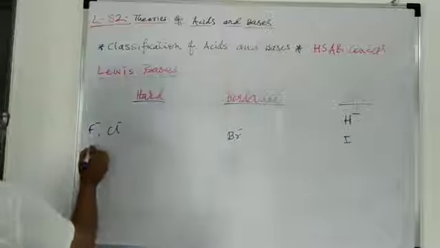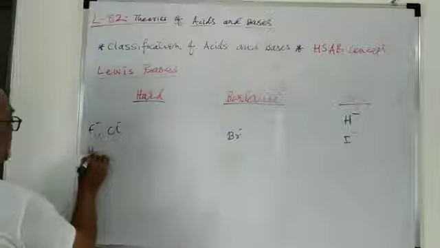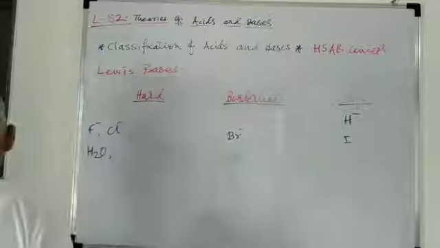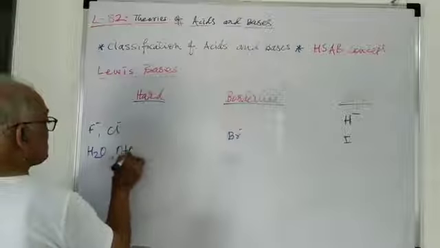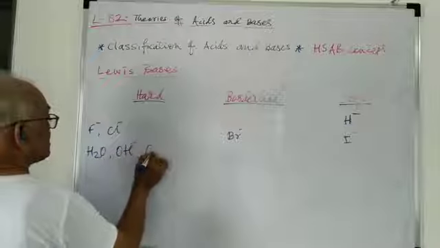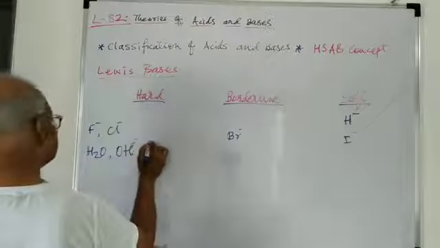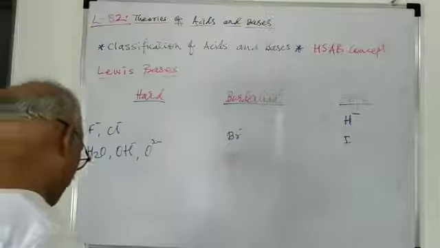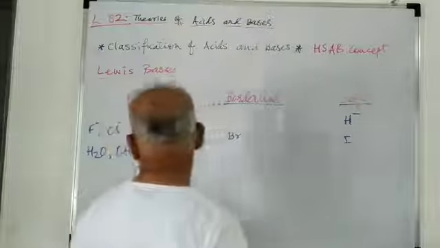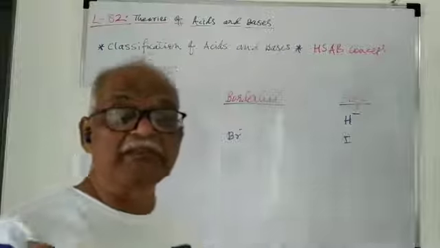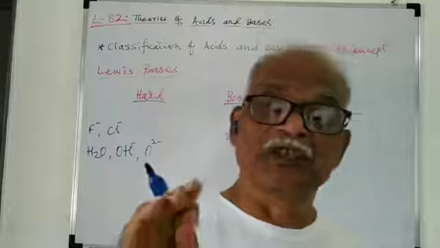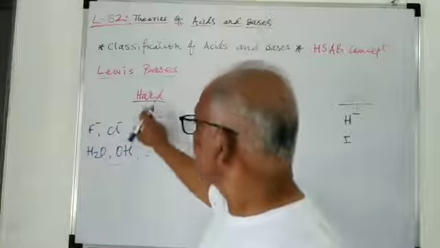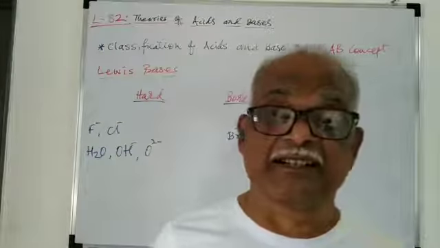Next is oxygen containing, that is H2O. Then next is OH minus. Then next is O2 minus. All such oxygen donor atoms present in these groups are grouped into the hard category.